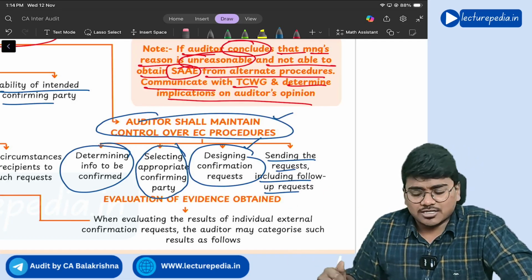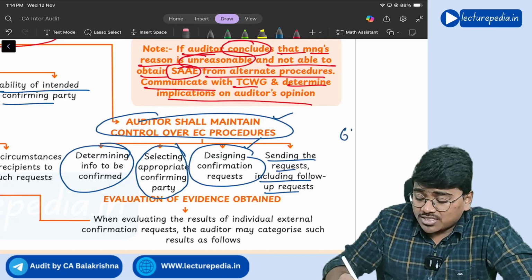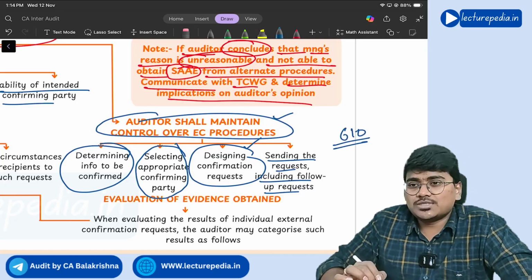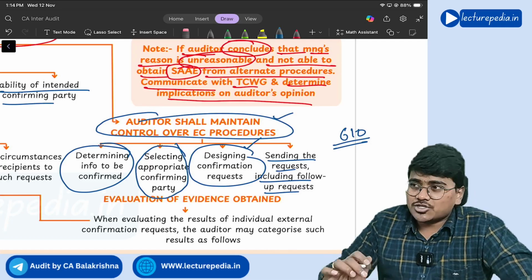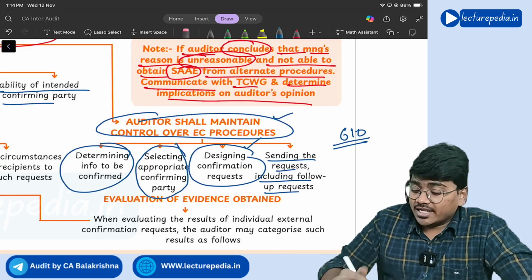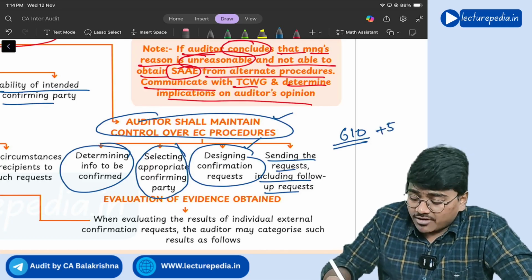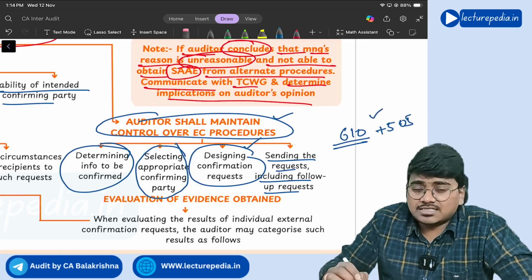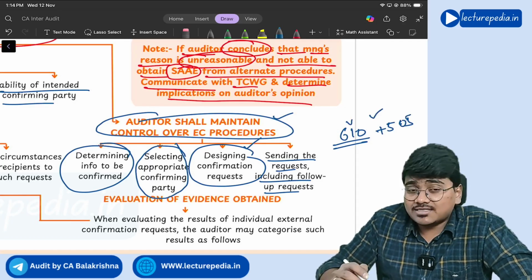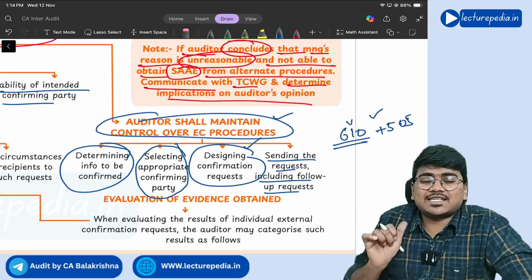Understanding? Basically, about this we will be seeing in SA 610, using the work of internal auditors. They can ask you a question linking SA 505 and SA 610, where in SA 610 there is a concept of direct assistance.